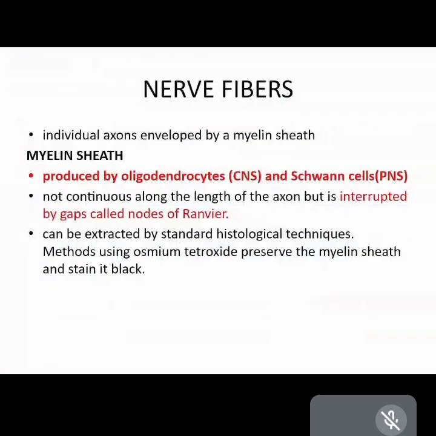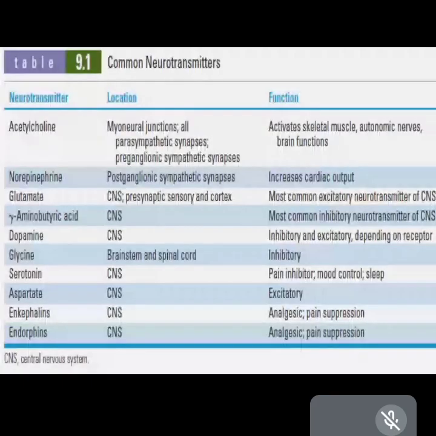Okay. Nerve fibers, they are individual axons enveloped by a myelin sheath. No, it's not the same as the monosodium glutamate in the food, but you can have the MSG.